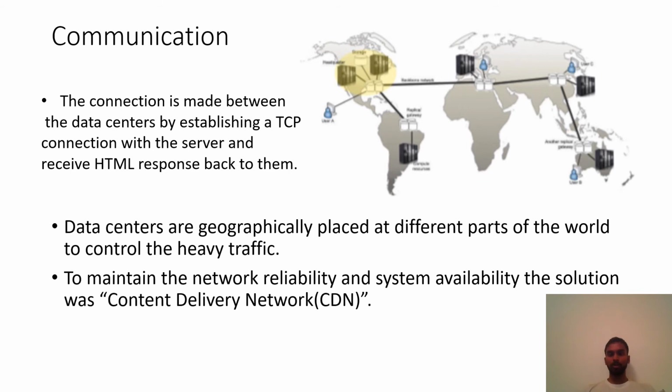The problem was that when you store messages at different locations, and you want a message from, let's say, Australia to be seen on a screen in America, passing this message over that long distance would take a lot of time, and there's a problem of data loss and lots of issues. So to solve this problem, to maintain the network reliability and the system availability, the solution was CDN, the Content Delivery Network.